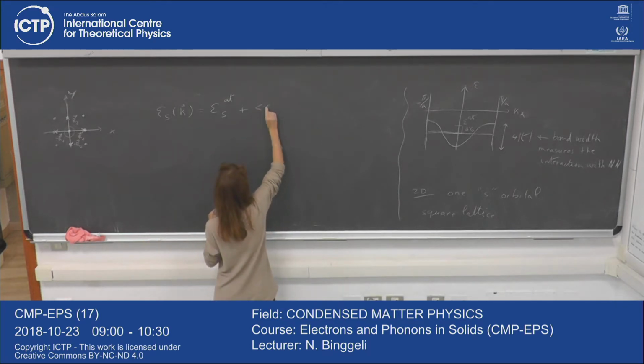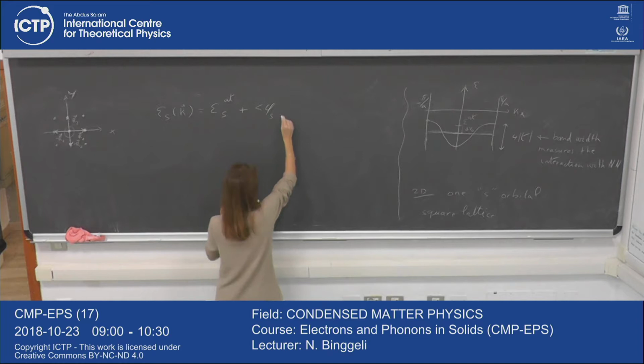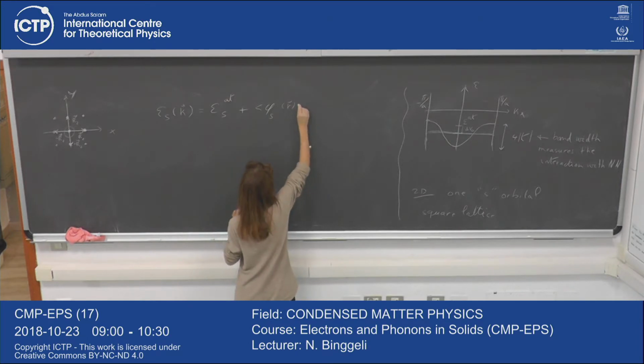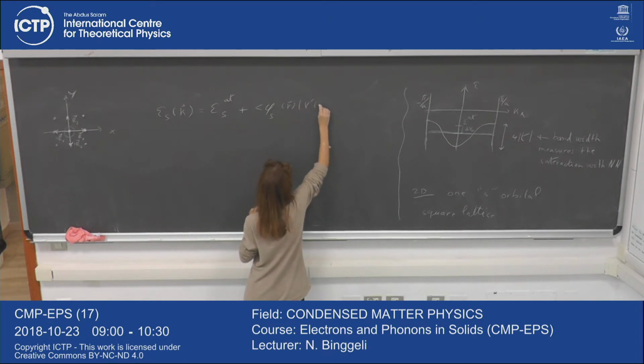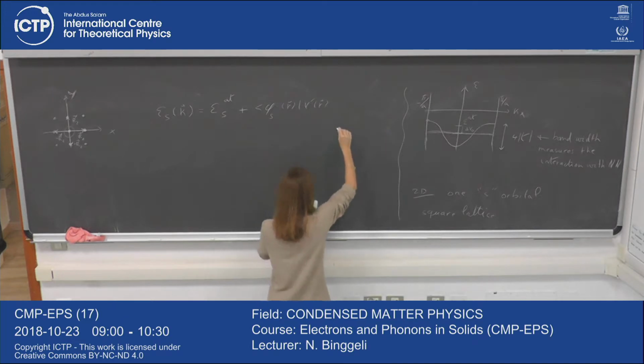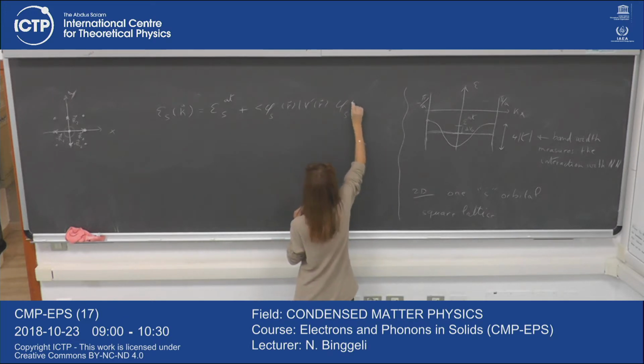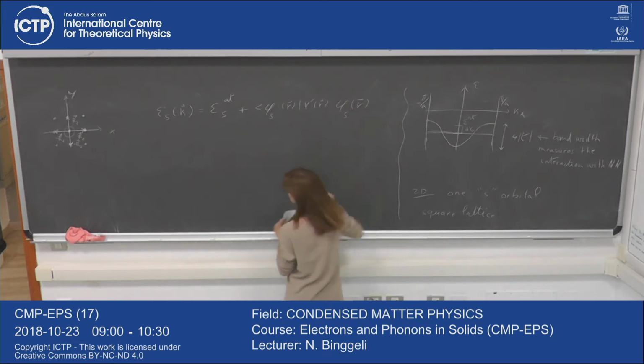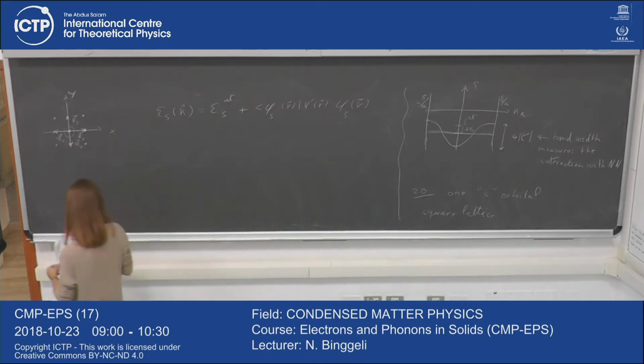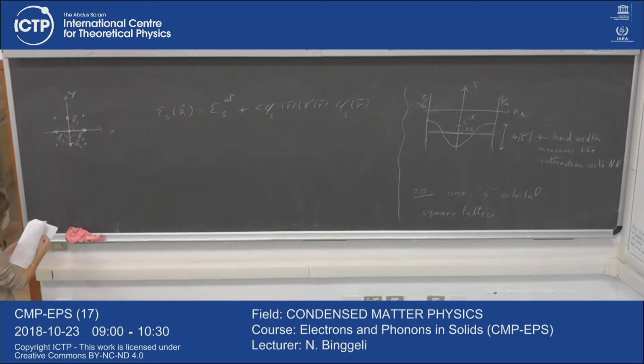So this is phi S of R, the crystal field, phi S of R. This is the atom centered at the origin.